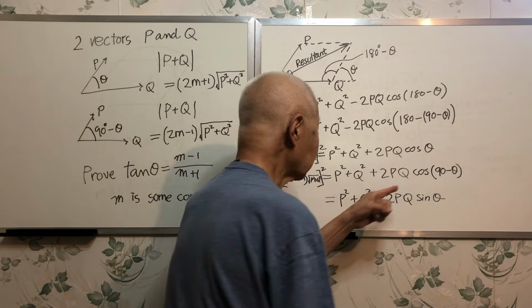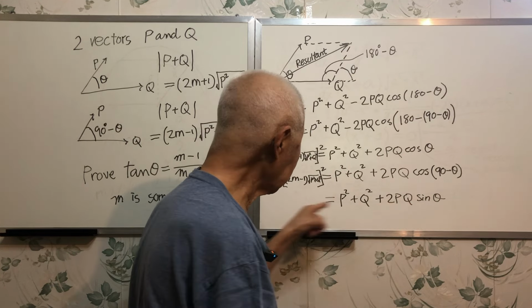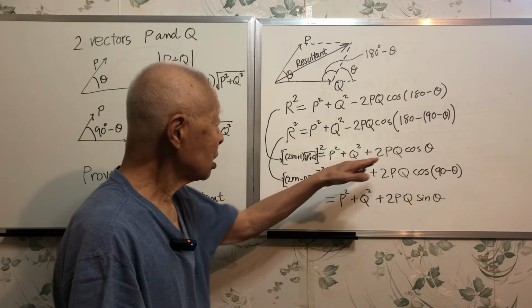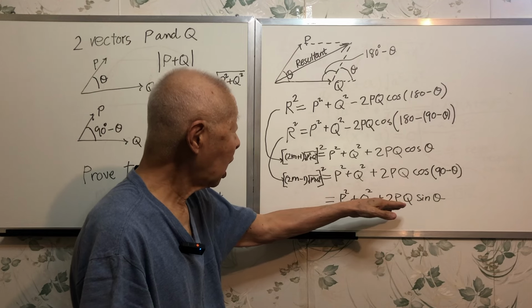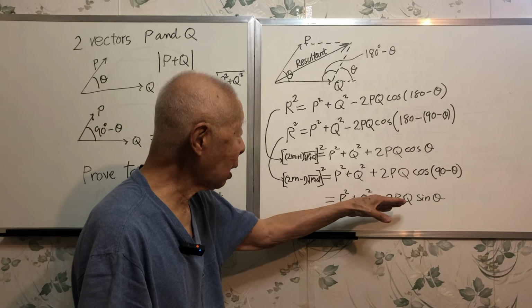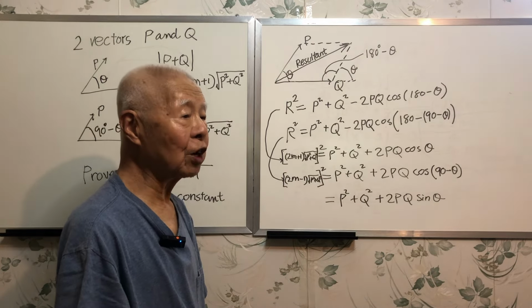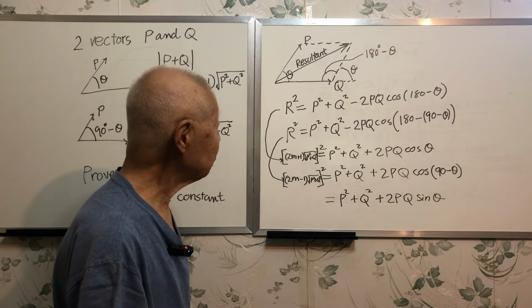Now I have cosine theta here, sine theta here, so I can find cosine theta and sine theta, and then divide sine theta by cosine theta, I get tangent theta. And hopefully I can prove what I want to prove.